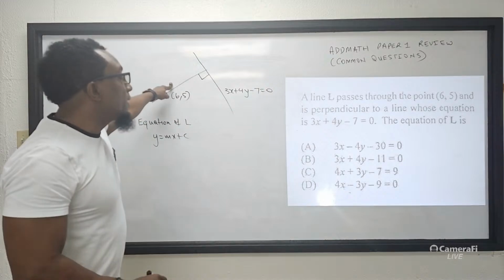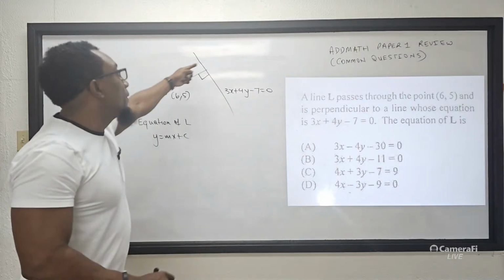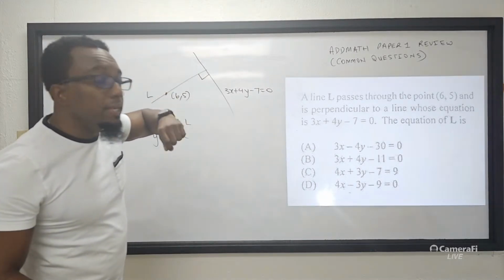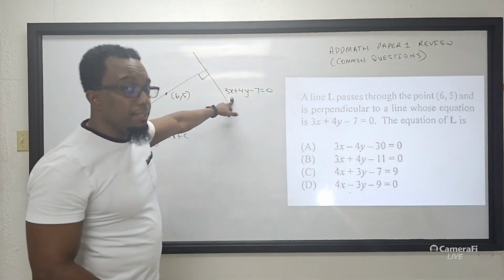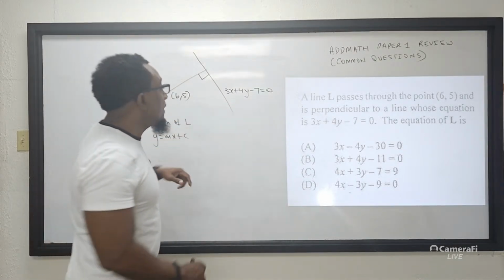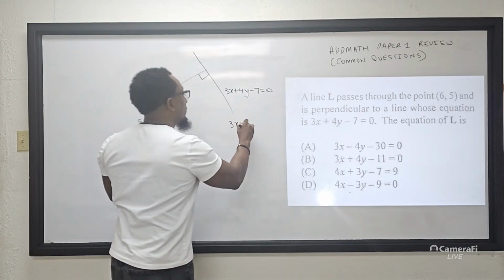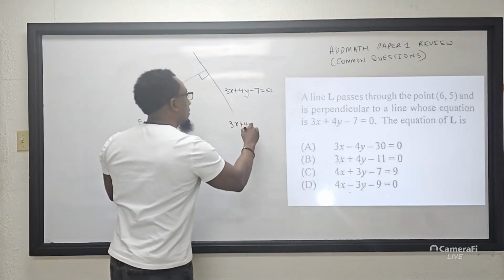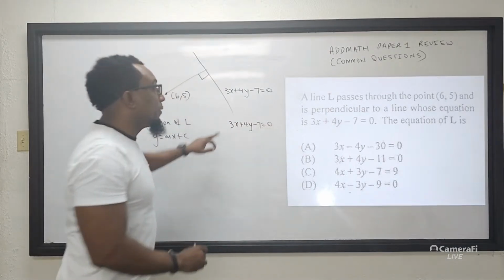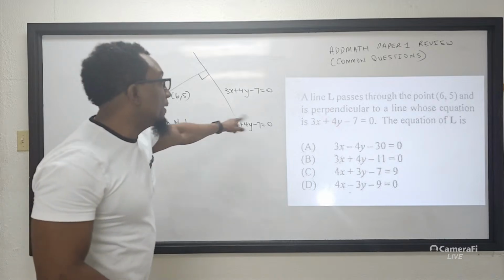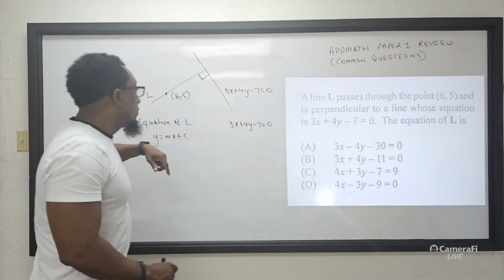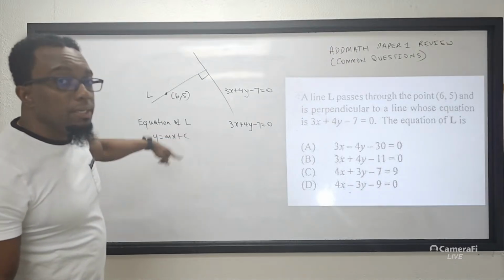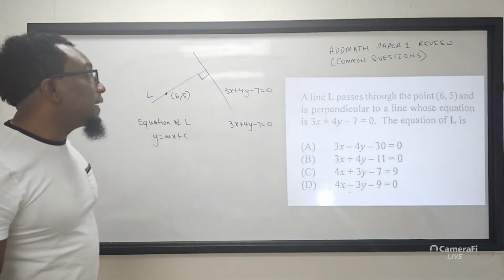So to find the gradient of this line L, because it is perpendicular to this line whose equation we have, we can find the gradient of this line by taking the equation. We're going to make y the subject in order for us to find the gradient. We have to make sure we express the equation in the form y is equal to mx plus c.